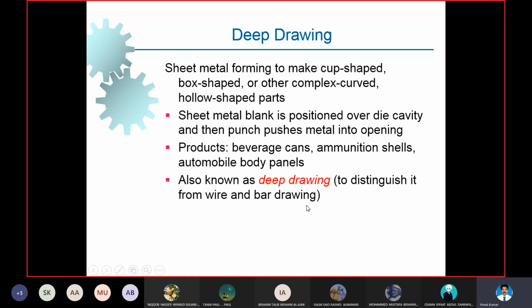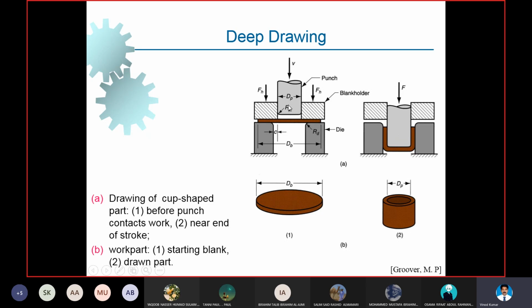As you can see here, as the punch moves downwards, the blank, which has a diameter db, will undergo plastic deformation and the material will get squeezed between the punch and die, and finally you can produce a can-shaped product, a hollow cylinder, or a cup-shaped product, or a box-shaped product. This process we call the deep drawing process.